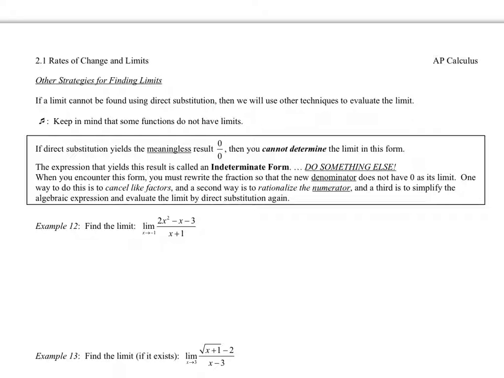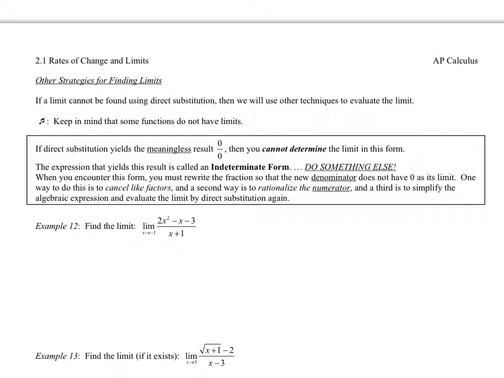So if direct substitution yields the meaningless result 0 divided by 0, then you cannot determine the limit in this form. The expression that yields this result is called an indeterminate form. And if you have an indeterminate form, you need to do something else.